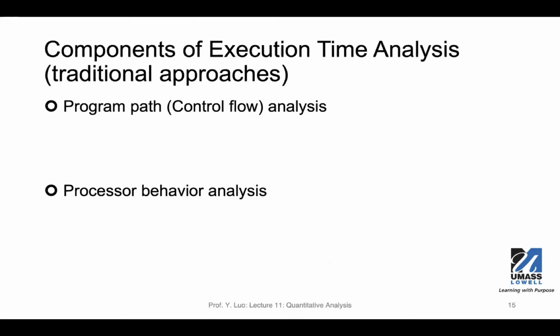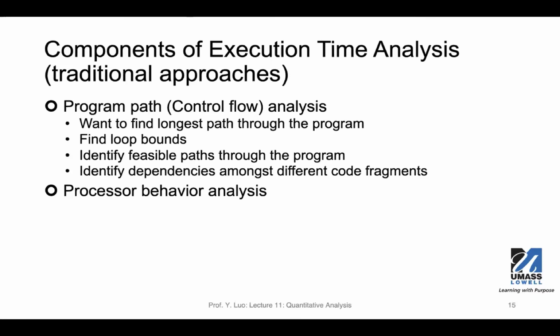Okay, so we have this control flow graph, and we can use it to do very interesting analysis. We want to use this program path, i.e. the control flow graph, to find the longest path through the program. Also, we would like to find the loop bounds.